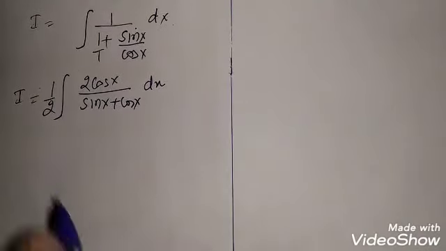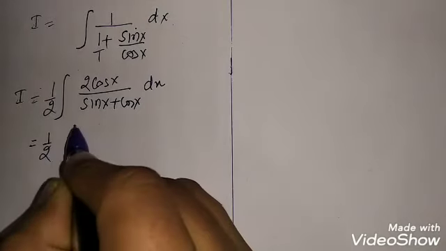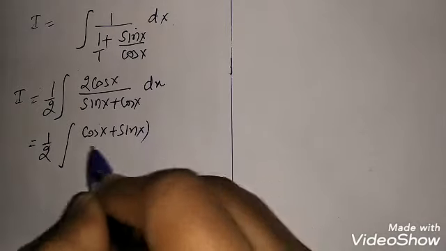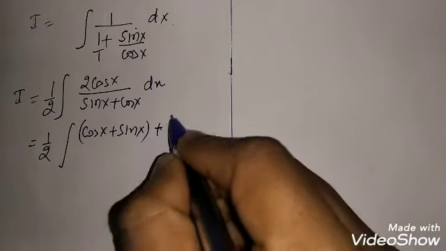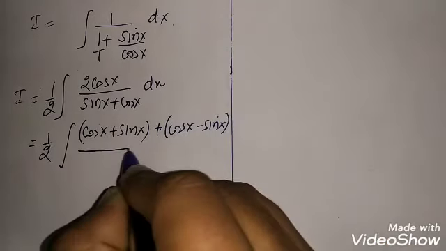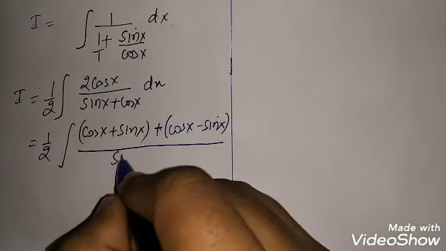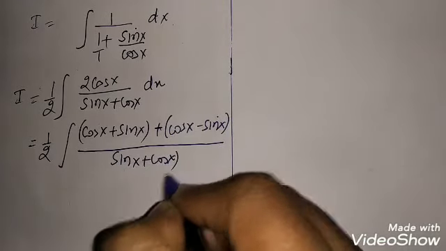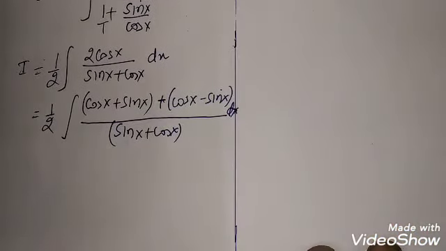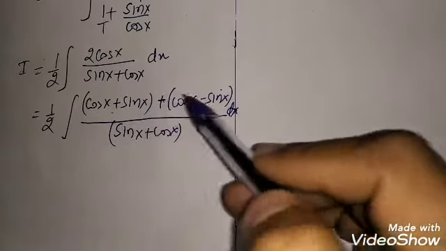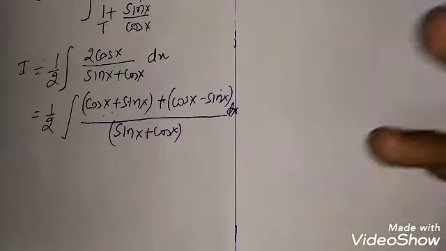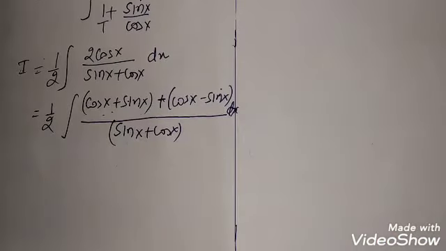See, this is an important step. 1 by 2 integration of (cos x plus sin x) plus (cos x minus sin x) upon sin x plus cos x dx. Nothing to worry. I am just writing 2 cos x as cos x plus cos x, and sin x positive, sin x negative, which will cancel. Same thing that we have in the above step.